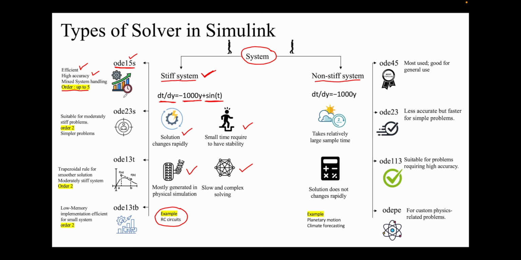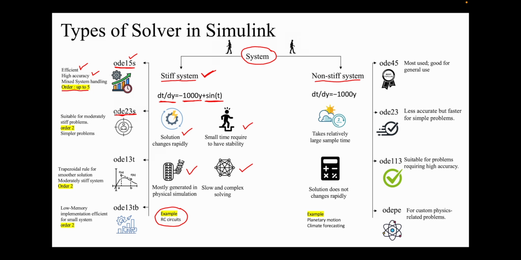If you want a reduced order calculation, we also have a few options for stiff solvers. If you have simple stiff problems that are not changing very rapidly, you can use ODE23S.